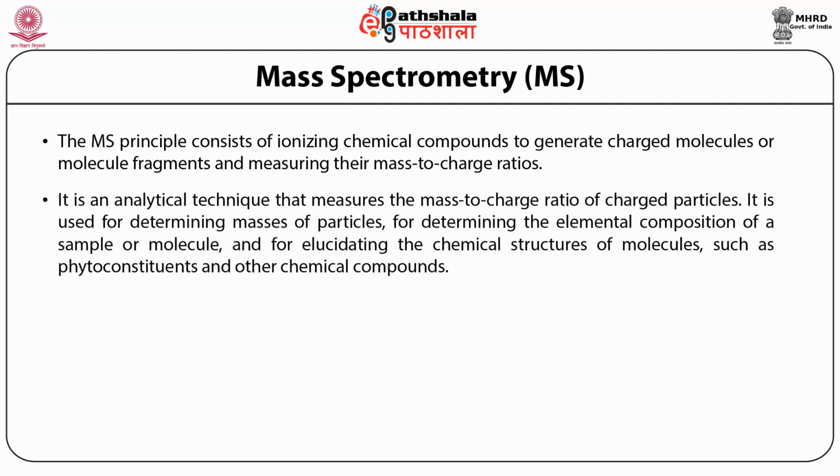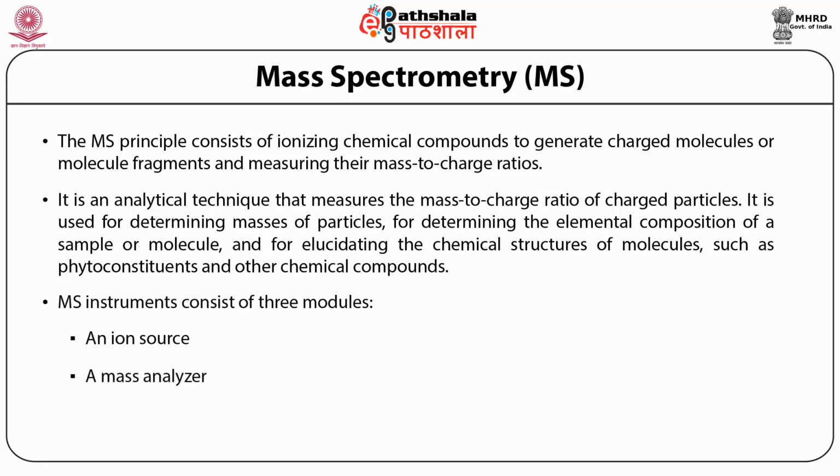It is usually used for determining the masses of molecules and compounds, for the determination of elemental composition, and for elucidating the chemical structures of molecules, such as phytoconstituents and new chemical entities. It has also been used as a detector in tandem with several chromatography methods. A typical mass instrumentation system consists of an ion source, a mass analyzer, and a detector.